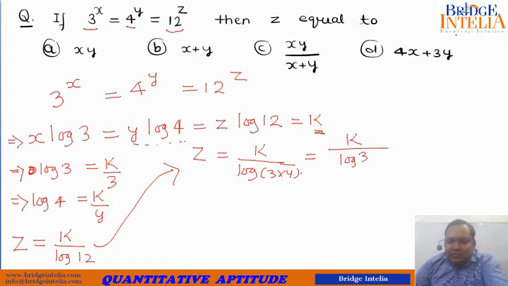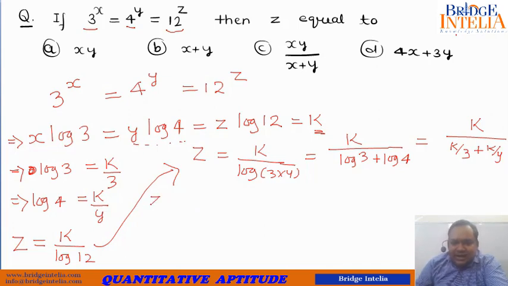You know that log of a into b is equal to log a plus log b, so I'm using that property here. If you expand this further, this will come out to be k divided by, log 3 can be written as k by x, and log 4 can be written as k by y.